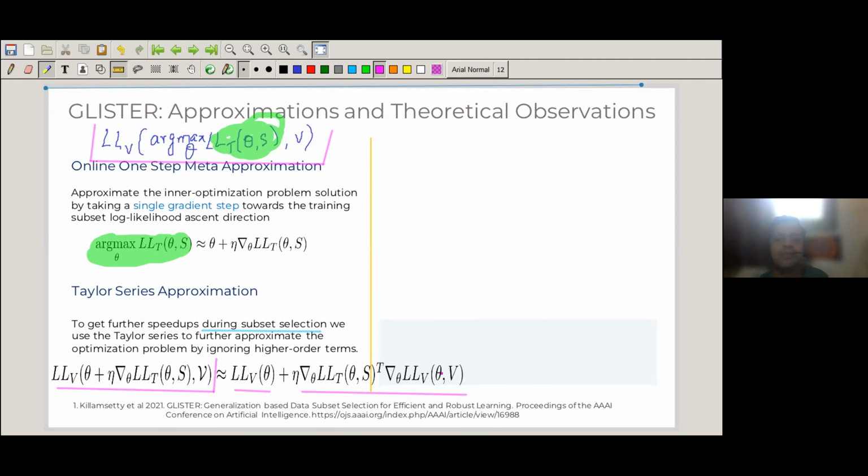In some sense, this is measuring alignment. It's like measuring how close the subset S is with respect to your validation set in terms of the parameter theta, the Taylor series approximation.